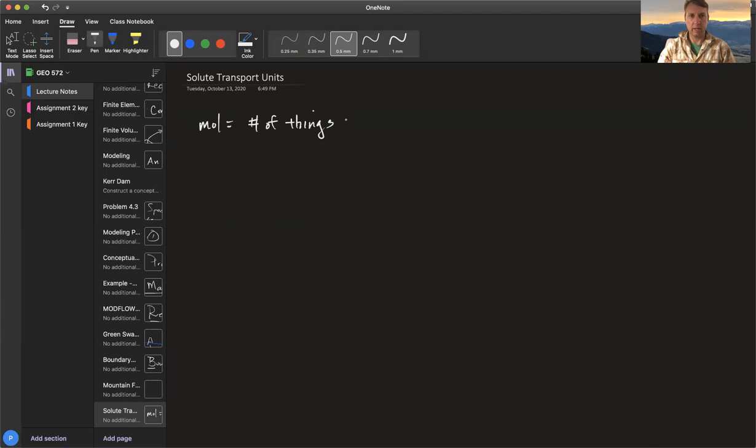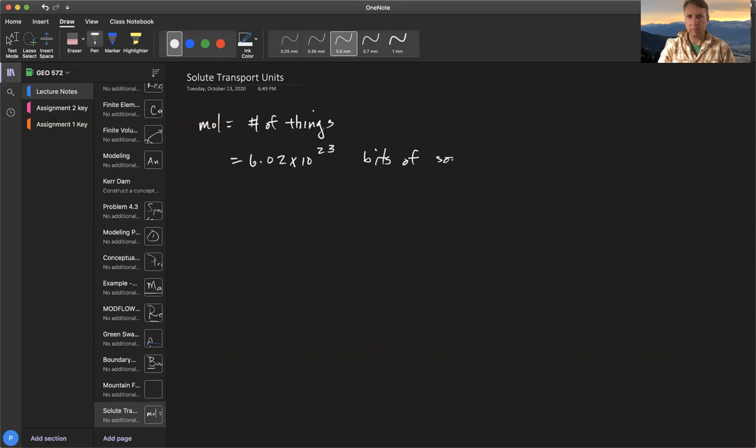And that number is 6.02 times 10 to the 23rd things or bits of something.